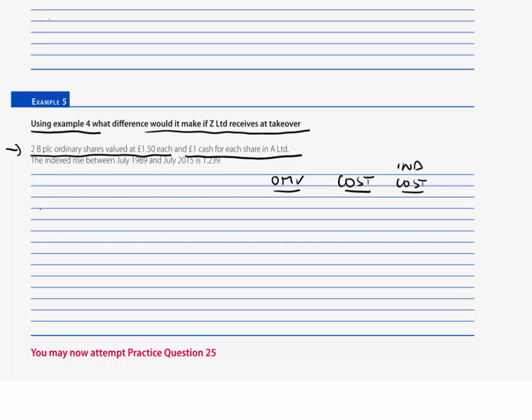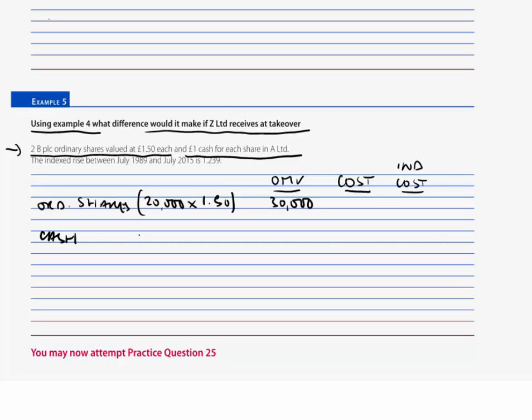So what did we receive? We received firstly ordinary shares in BPLC. How many? Well, we'd had originally 10,000 shares in A Limited. We now get 2 for 1, so we've got 20,000 ordinary shares received in B, and they are valued at £1.50 each. So exactly as we had it before, the market value is £30,000.